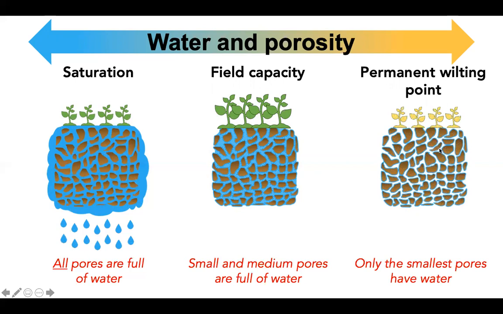At permanent wilting point, only the smallest pores still contain water. And that would be the drier end of the spectrum. So you can see that not all pores are created equal in terms of their ability to hold water. The first ones to drain are the big ones, and the smallest ones are the last ones to drain.